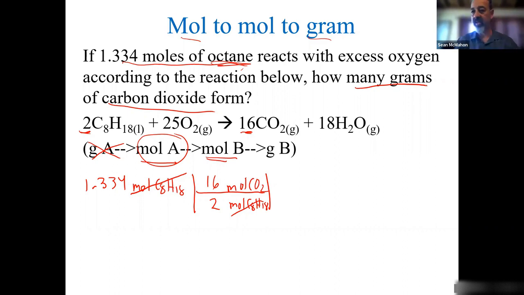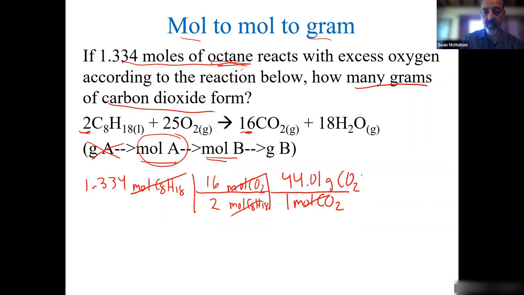For CO2, I can figure out the molar mass. 1 mole of CO2, why am I putting this on the bottom? To cancel out moles of CO2. 1 mole of CO2 is 44.01 grams of CO2. So I'm canceling out the units, but do not cancel out the numbers, because the units are what's canceling.